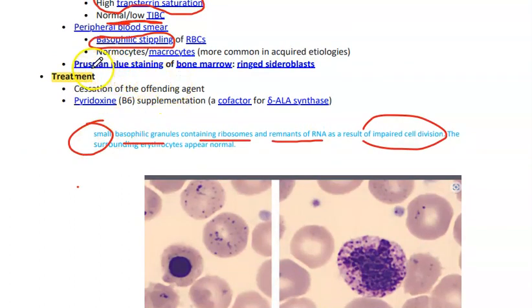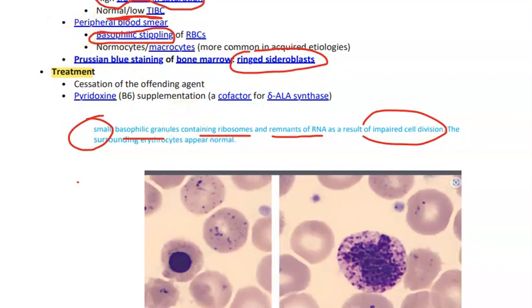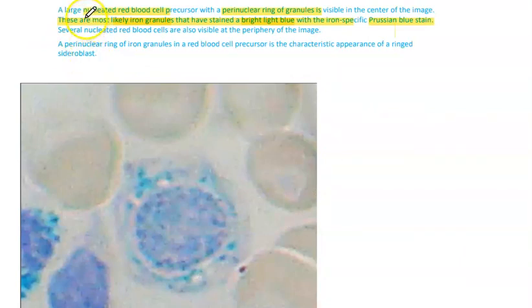And on Prussian blue staining of the marrow, you will find the ring sideroblast. What is a ring sideroblast? These are nucleated RBC precursors with a perinuclear ring of granules, and these are most likely granules of iron.